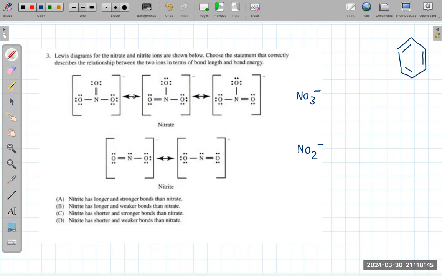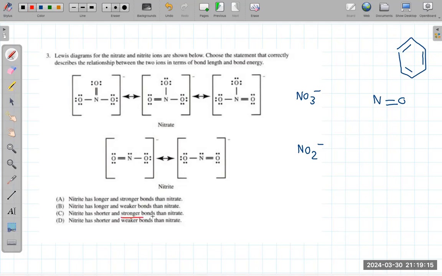Why? I speak to him one day, the bond is there, and the next day it is not, so it cannot be considered a strong bond. While if I am having less resonance, it is like I am not worried, I am not doubting myself, I'm sure. So just two resonance structures means it's going to be more fixed and have stronger bonds. That means the stronger bonds will be in the nitrite.